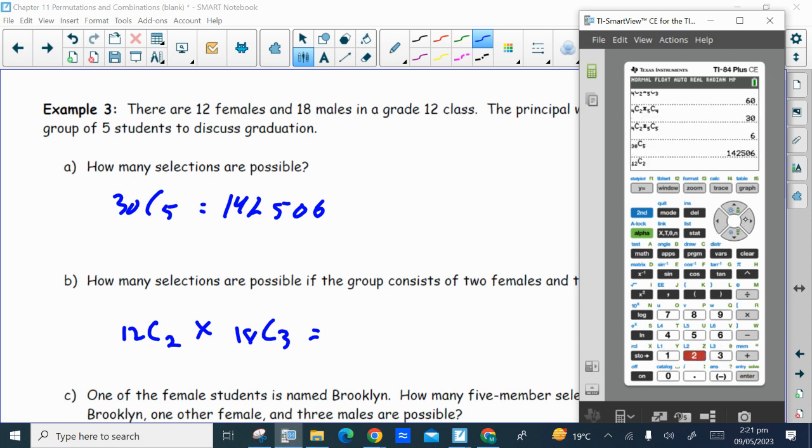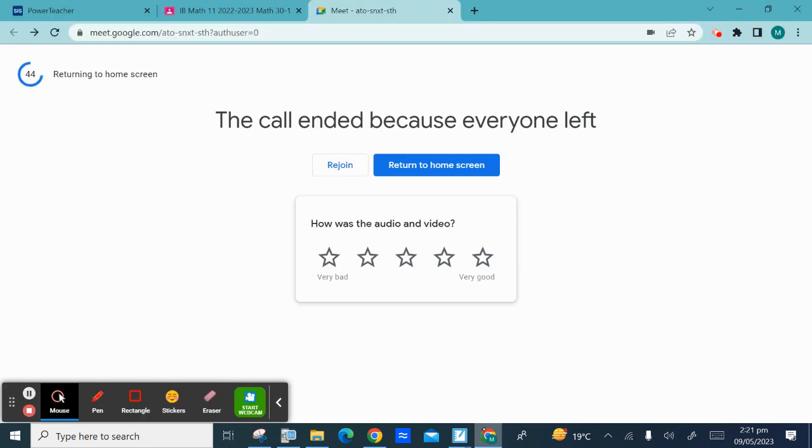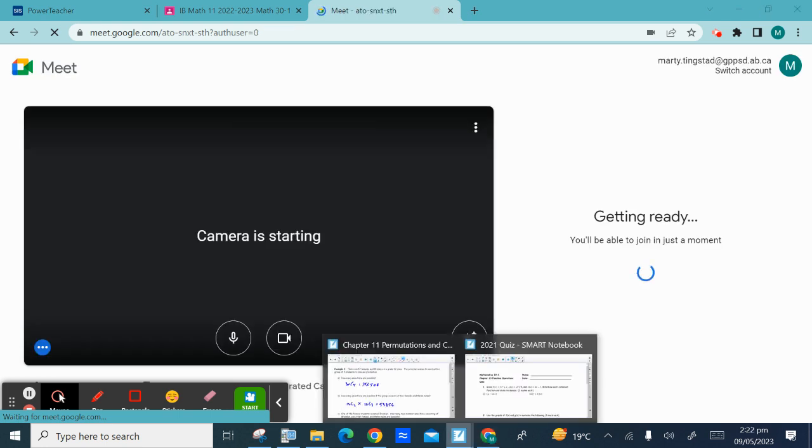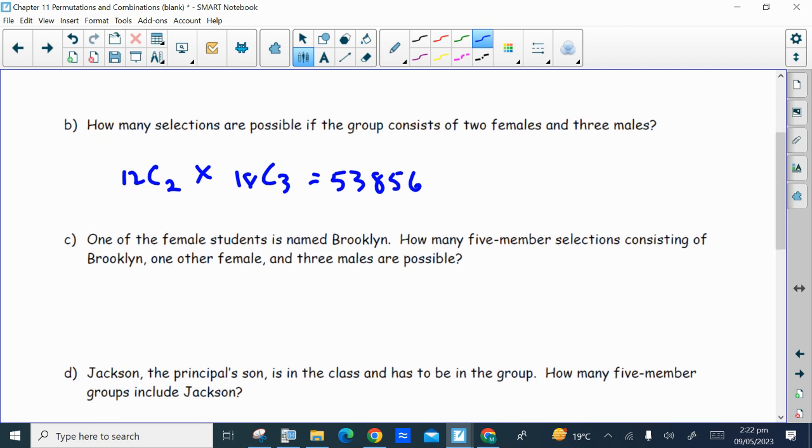There's our 12C2, multiplied by 18C3, which gives us 53,856. Because we have those restrictions, there are fewer combinations. Again, that's a very common type of question you see on the diploma exam.